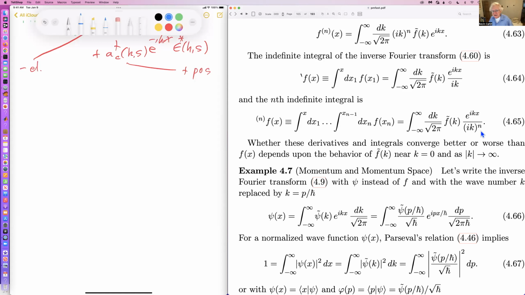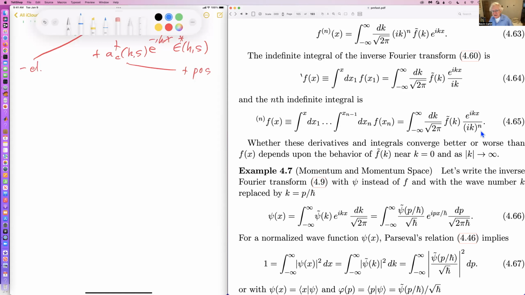But of course, this works only if you're integrating over everything, which is what we just did. Integrating symbolically is the hard part, and here it's just the Fourier transform times 1 over ik to the n.